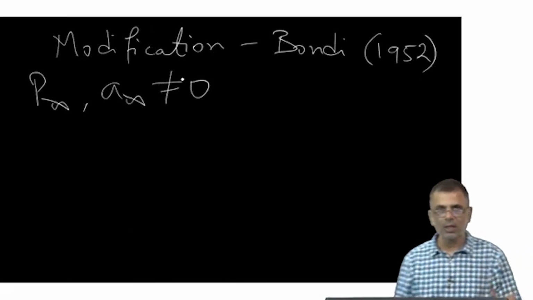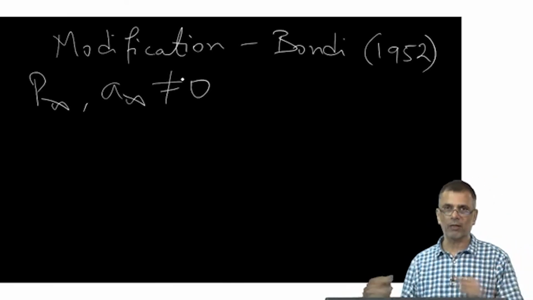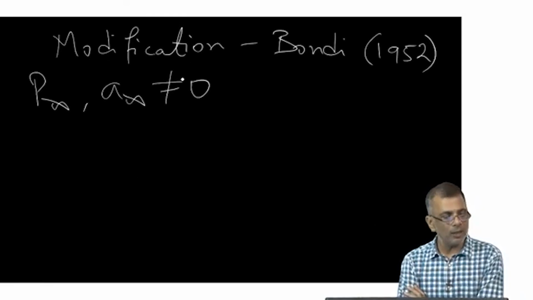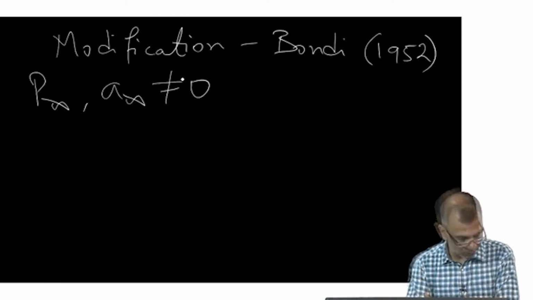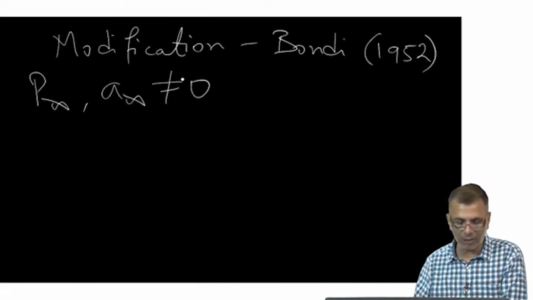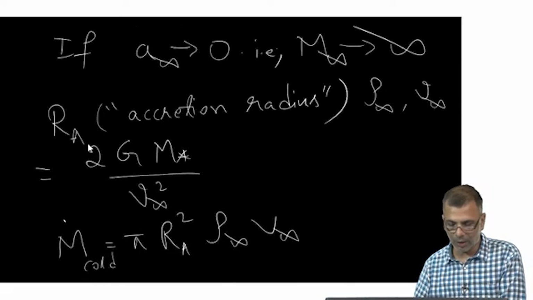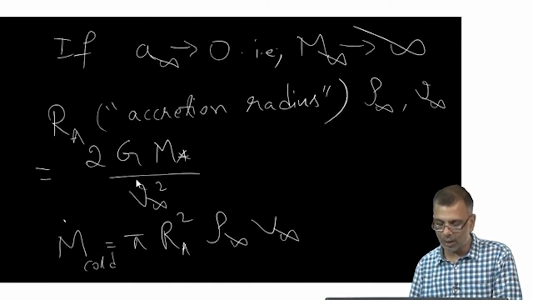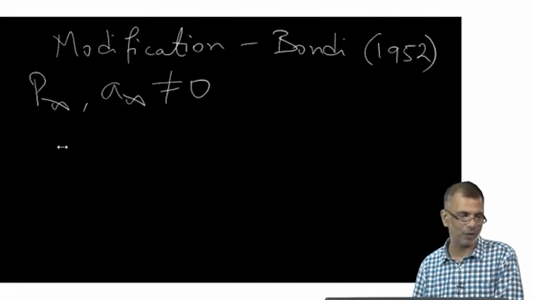In other words, the gas is not cold at infinity. And in this case, if we again propose an accretion radius along the same kind of logic, we call this R_B for R Bondi, and you will have the same numerator, except here instead of v infinity squared I am going to have a infinity squared.